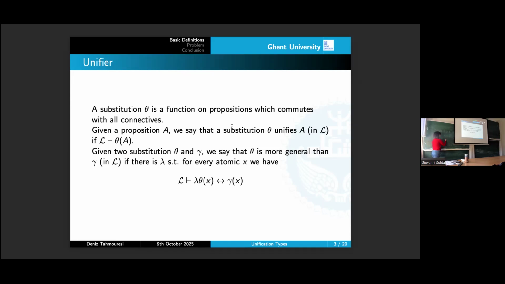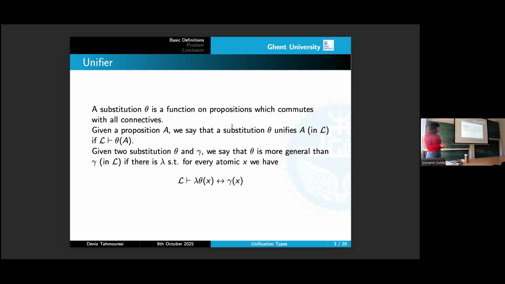For example, if x goes to top and y goes to top, then it is a tautology. This is what we are looking for, and in unification we are looking for all such answers. That's the whole idea of unification.